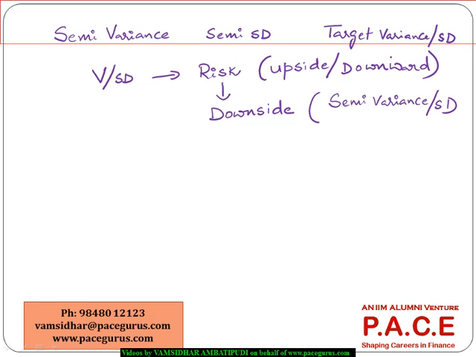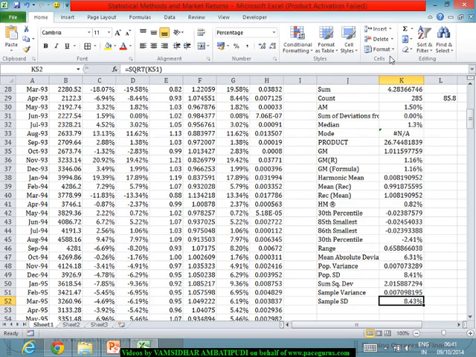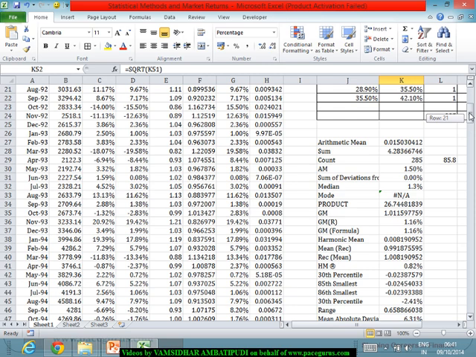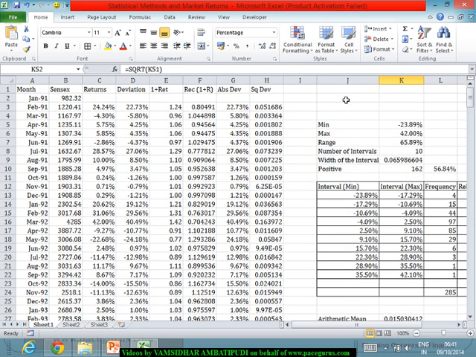So in computation, I'll take the downside squared deviations.